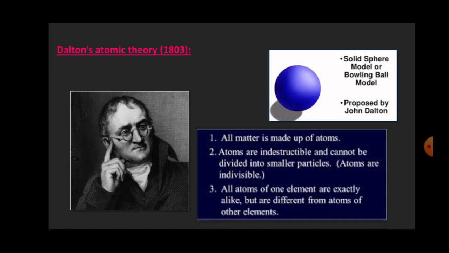According to this theory, matter is made up of atoms. Atoms are indestructible and cannot be divided into smaller particles. That means atoms cannot be further divided. And the atoms of one element are exactly alike, but the atoms of other elements will be different.